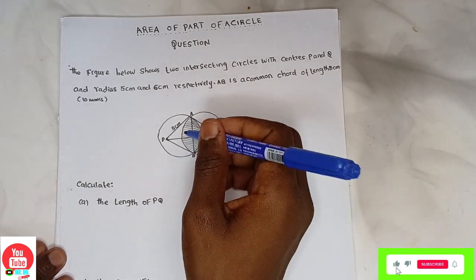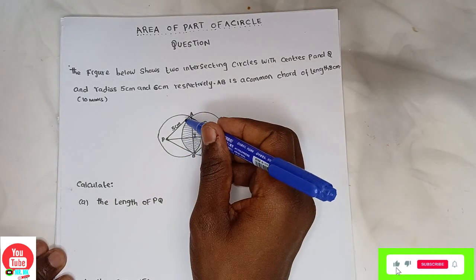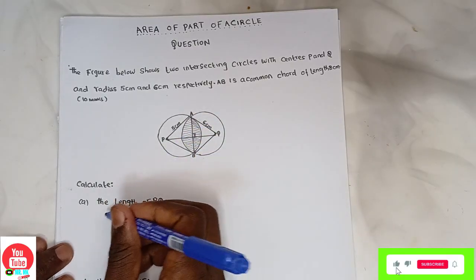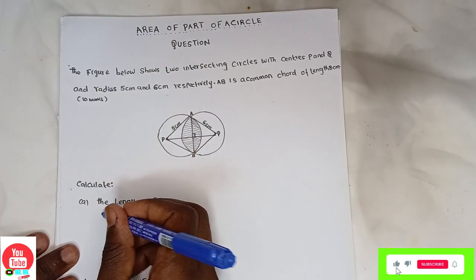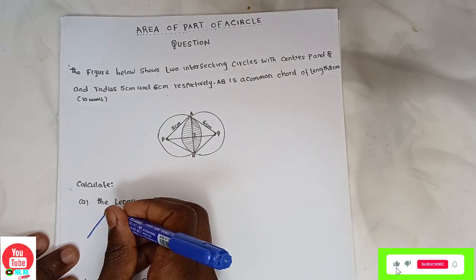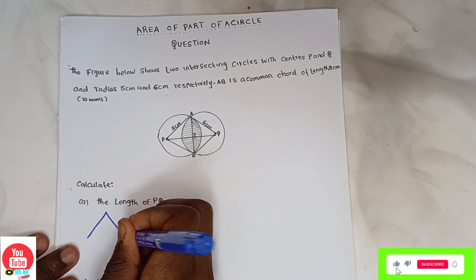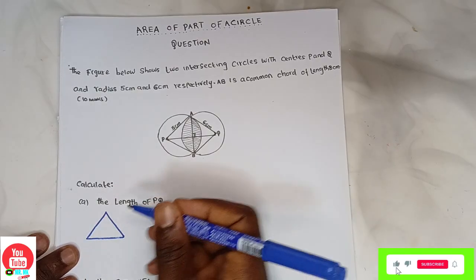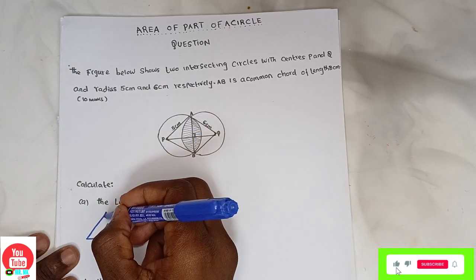I think that you're going to extract this triangle, as you see, APQ. Now let's draw the solution. This is triangle APQ.